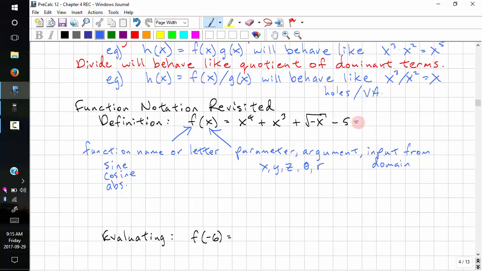And this equals the result, or value, or answer, and it's the output from the range.